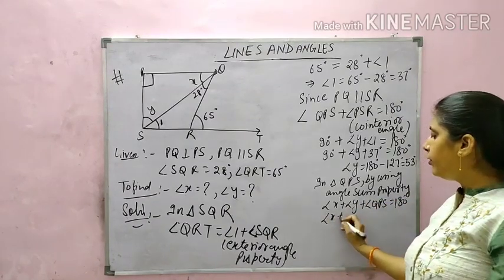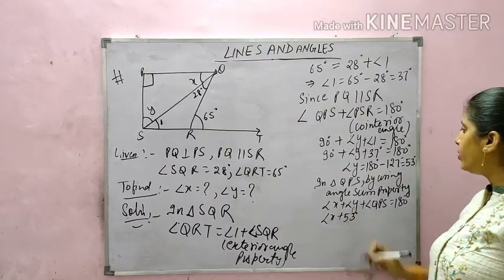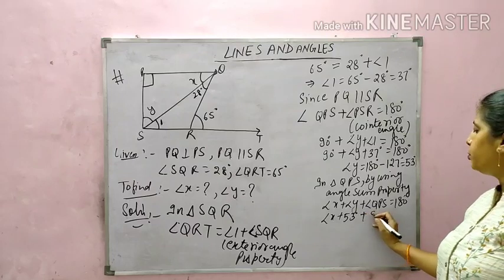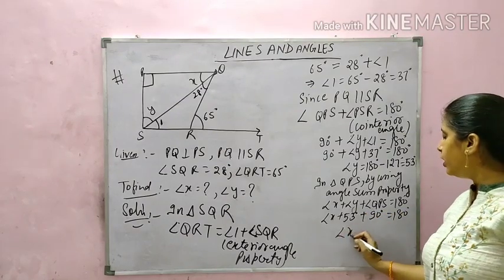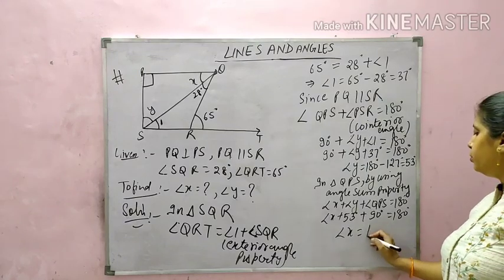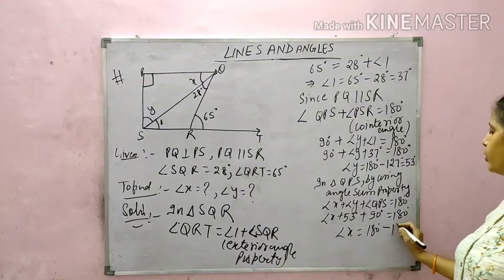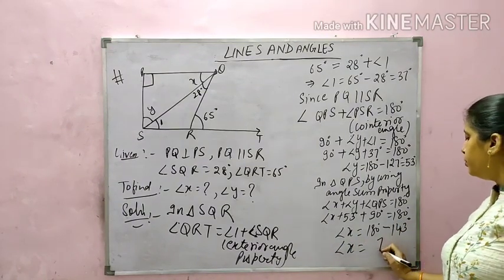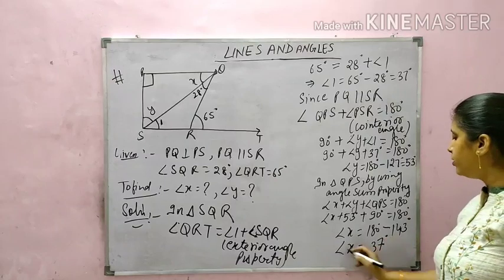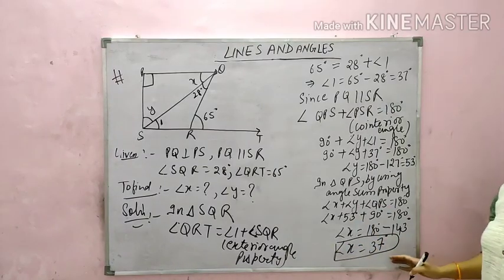Angle X we have to find, angle Y is 53 degree, plus angle QPS 90 degree equal to 180. Then angle X equal to 180 degree minus 90 plus 53, which is 143 degree. Then angle X equal to 37 degree. I think it is clear to all of you.